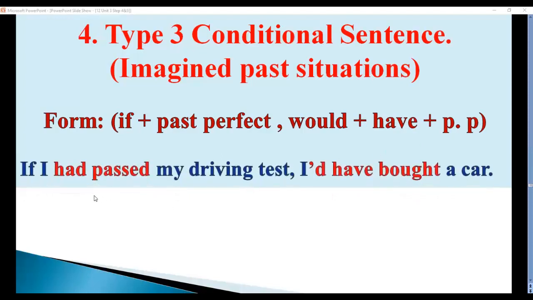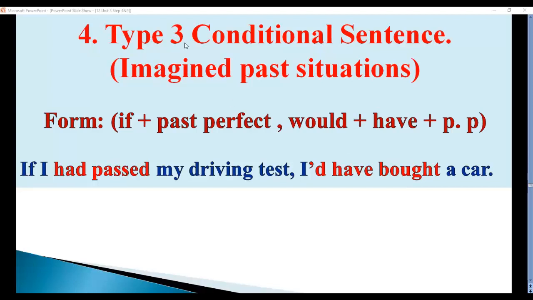Let's see here. If I had passed, had plus verb 3, my driving test, I would have bought. This is would. This is have. Past participle of the verb buy, this is bought. If I had passed, I would have bought. Take care of this type 3.